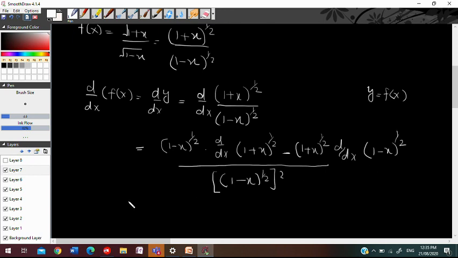Now we solve it. 1 minus x power 1 by 2, and then first we bring this power over here as a multiple of this factor, 1 plus x power 1 by 2 minus 1. This minus 1 is according to the derivation rule, and then we apply the derivation to the inner side of this power.